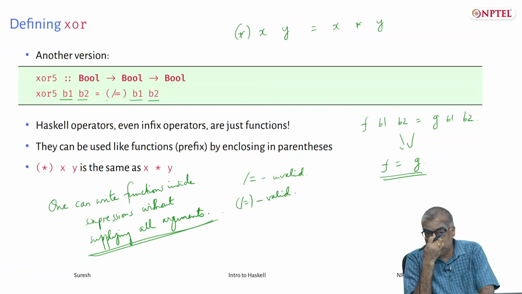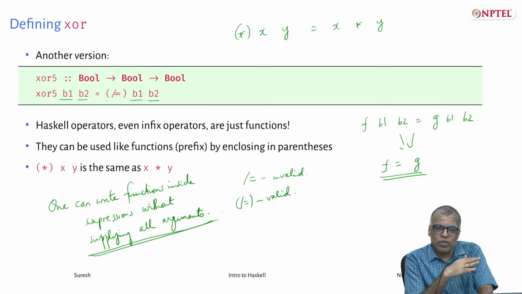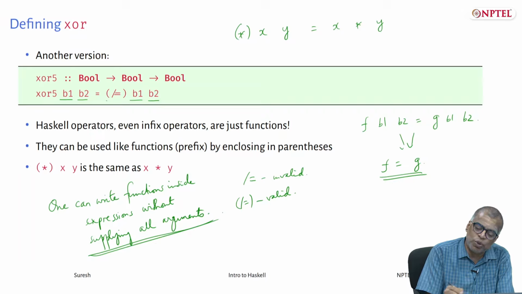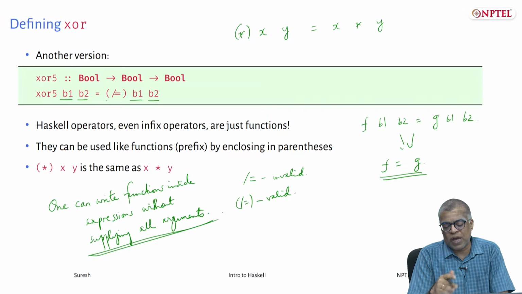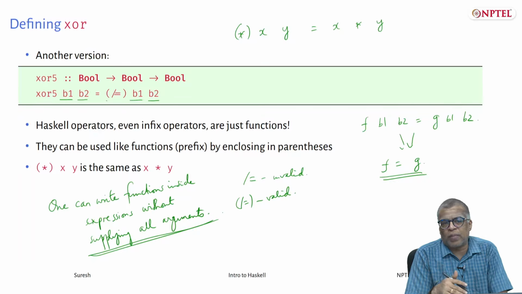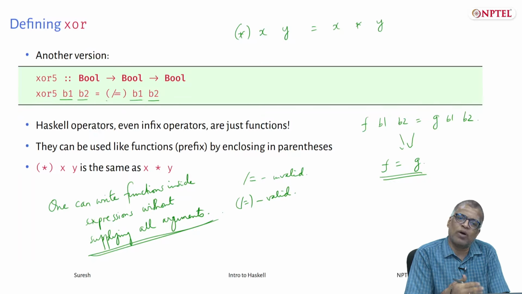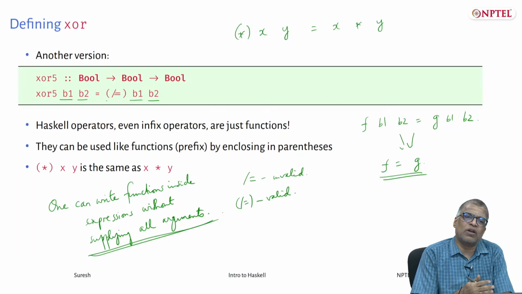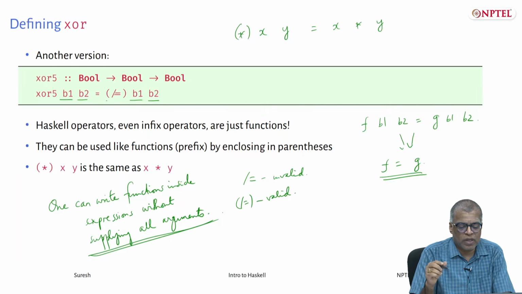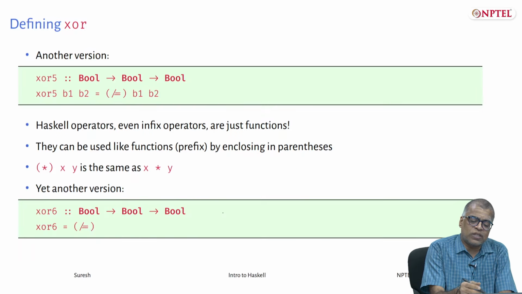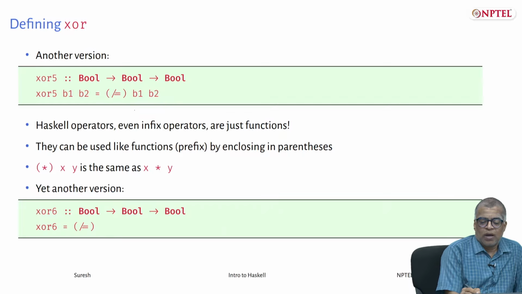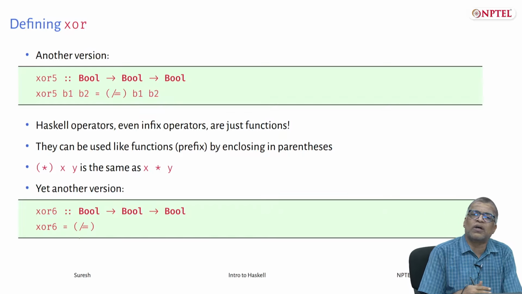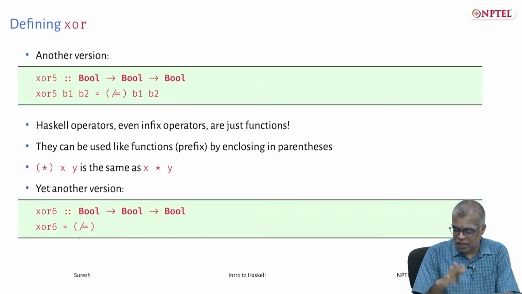This is usually not allowed in most languages, but in functional programming languages this is the default in some sense. ML, Haskell, all these languages allow this. So that leads us to the next version, which is that you just write it as not equal to. XOR is nothing but the inequality check on booleans, that is it.